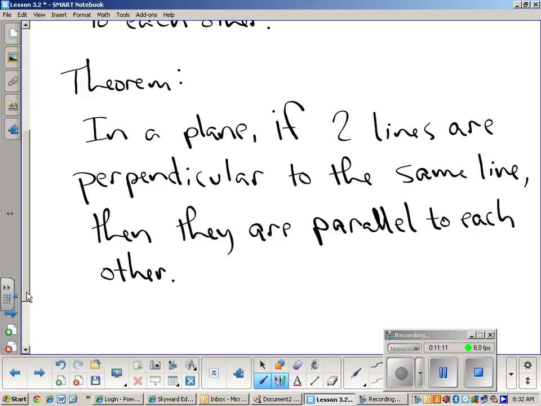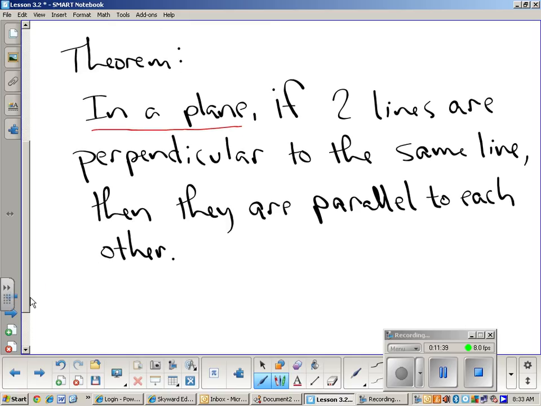So for this to be true, we have to say that we're talking about only lines in a plane. Because if we move it outside the plane, it may not be true. In the first theorem, it didn't matter, because we can always make them in the same plane, so that it has to be true no matter what. But in this case, it's only true if all our lines are in the same plane.